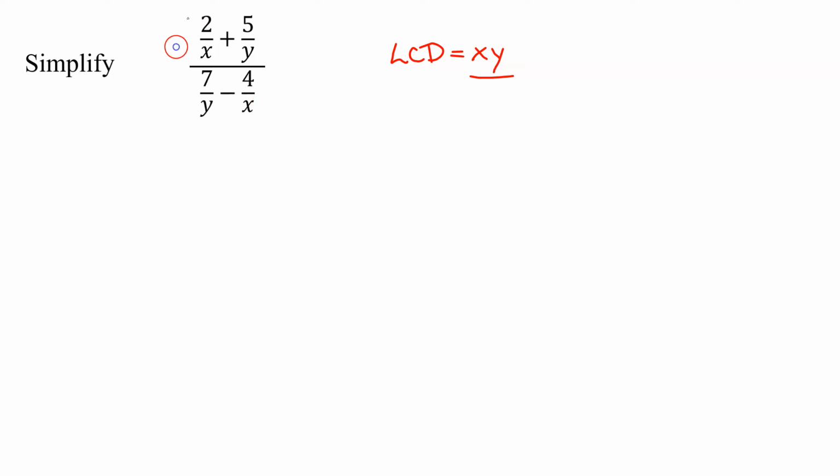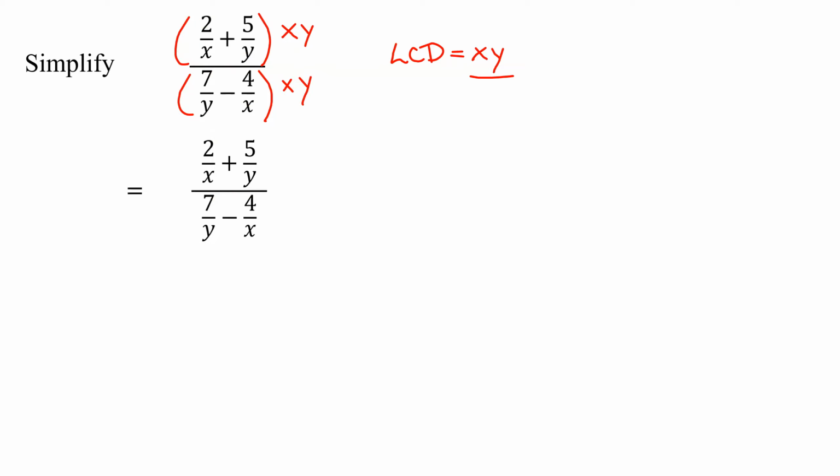What we have to do is multiply the numerator and the denominator by the LCD. Because what am I really multiplying by? xy divided by xy, which is just 1. Some people do these multiplications in their head, but it's easy to make mistakes that way.